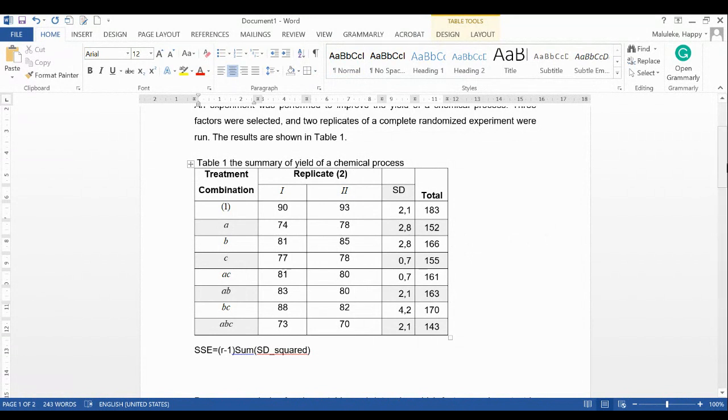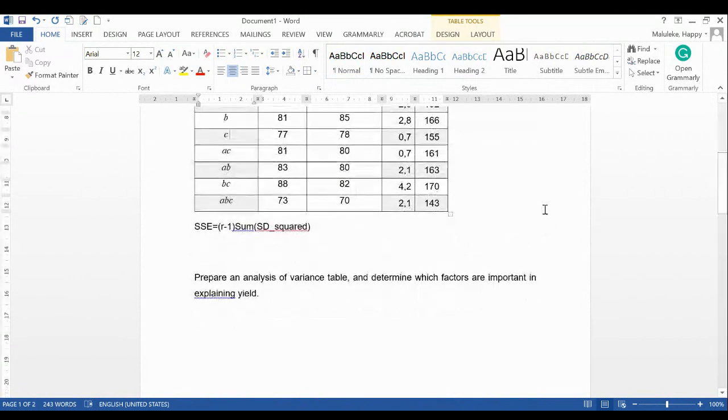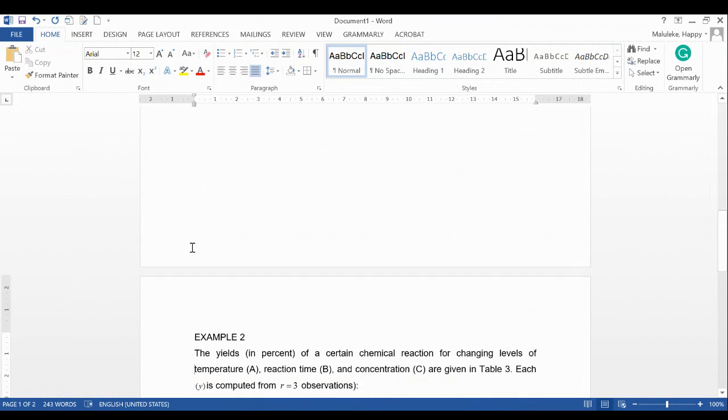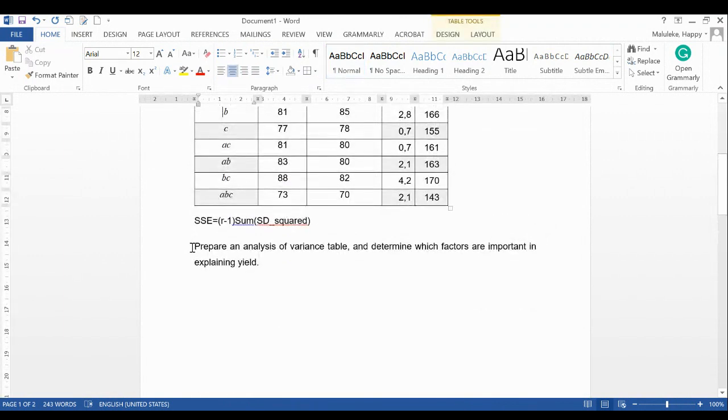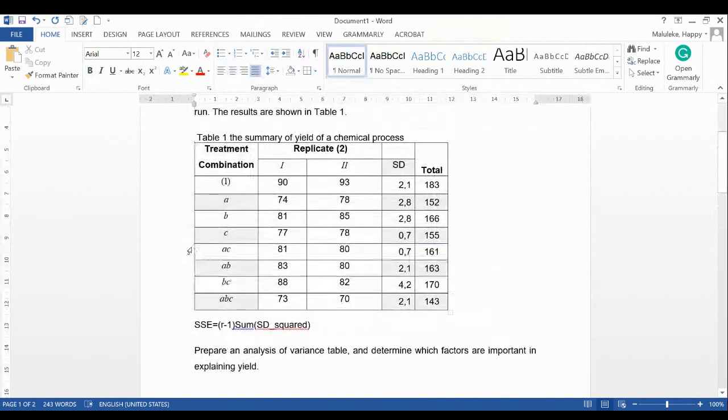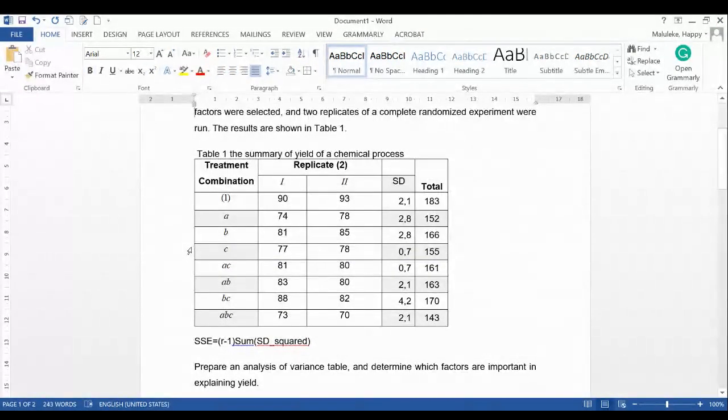In a case where I'm not specific, like in this question, I'm not specific about which method you can use. I'm just saying prepare an ANOVA table and determine which factors are important in explaining the yield.